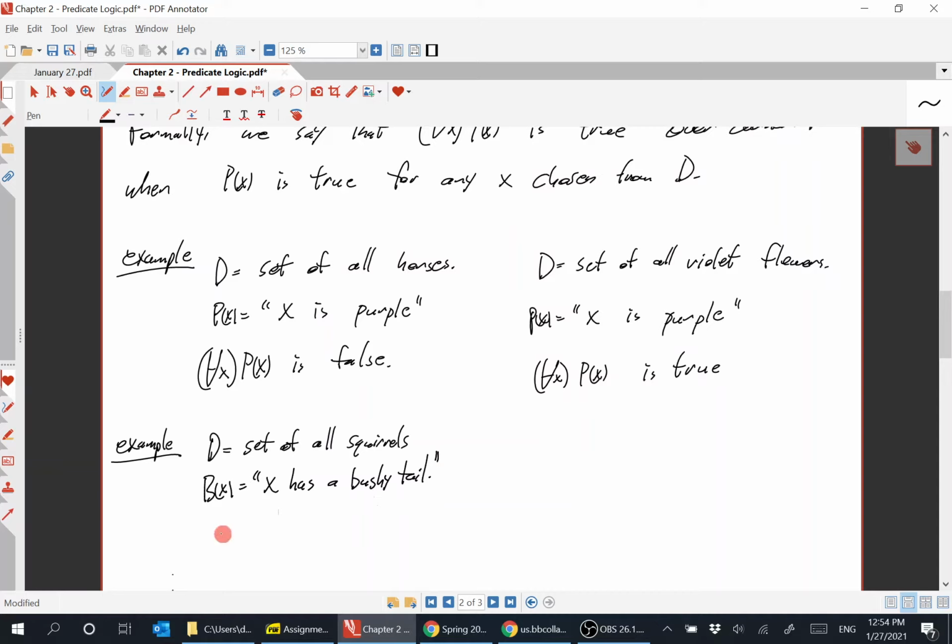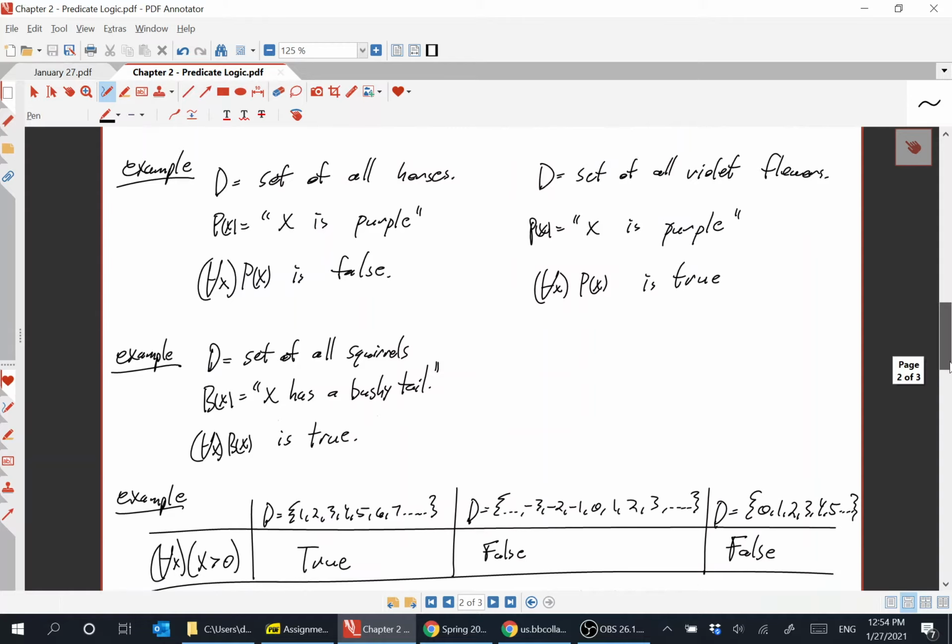And then for all x, B of x is true. I think it is anyway, right? Because for any squirrel that you pick out of the domain, that squirrel has a bushy tail. At least I think they do. Do they? Are there squirrels without bushy tails? Some weird species of squirrel I've never heard about.